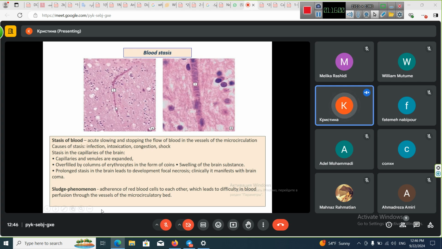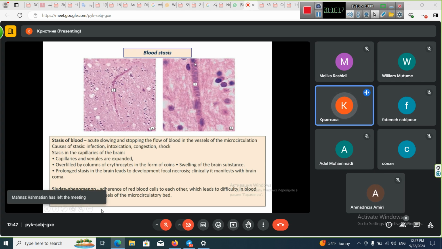We see here blood capillary in the brain tissue. It is the blood capillary because the inner space can contain only one erythrocyte in the width of diameter.